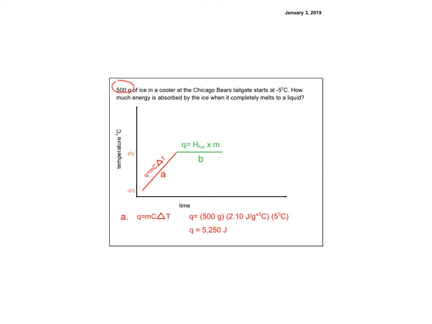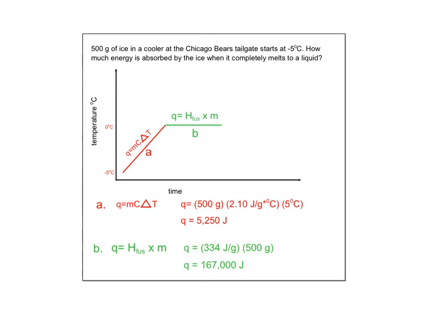That will be given to you in the problem. I didn't put it on this slide because you had it a couple slides ago. And the temperature change for this line segment is from -5 to 0, so we changed 5 degrees. Multiply those together. That Q value, 5,250, is the amount of energy it takes to heat up the ice from -5 to 0.